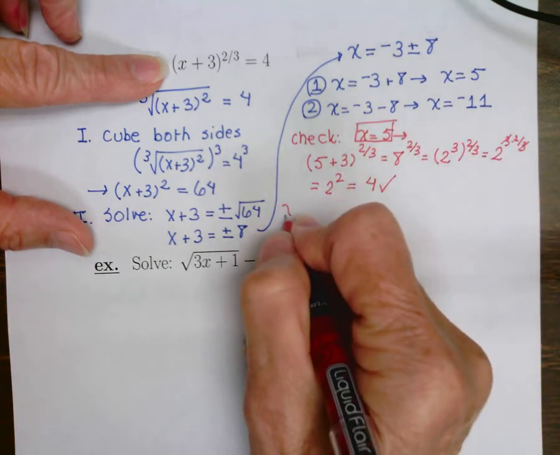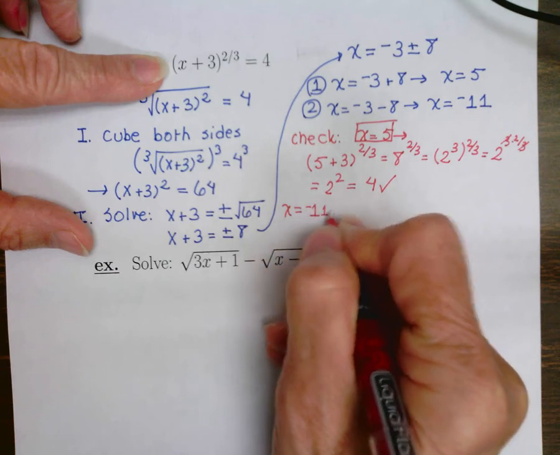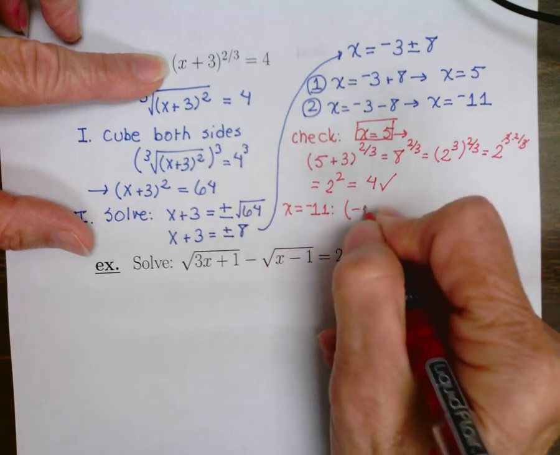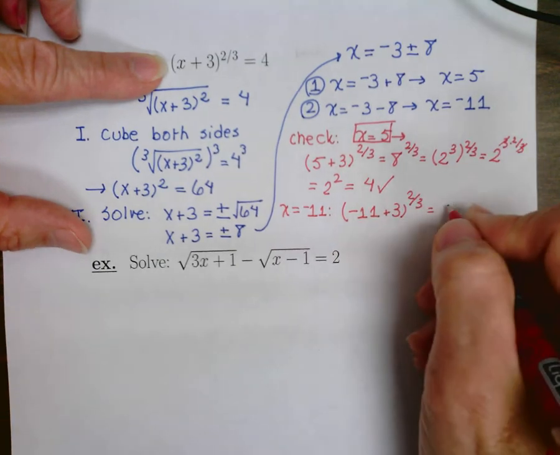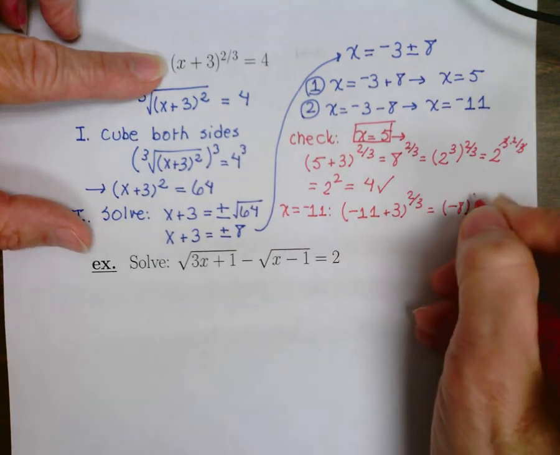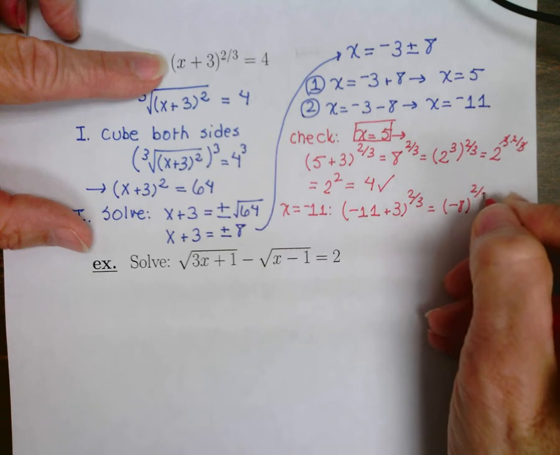All right, x equals negative 11. We substitute negative 11. That is negative 8 to the 2/3.